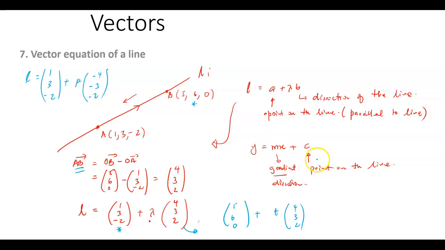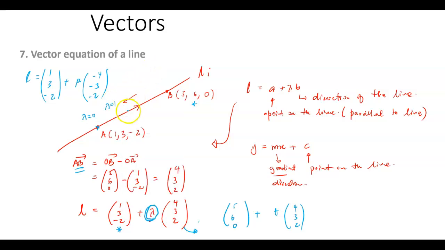Now, how does lambda determine what you're doing here? For any value of lambda, you get a point. For example, if lambda is equal to 0, I get this point A. If lambda is equal to 1, I get another point moving along.